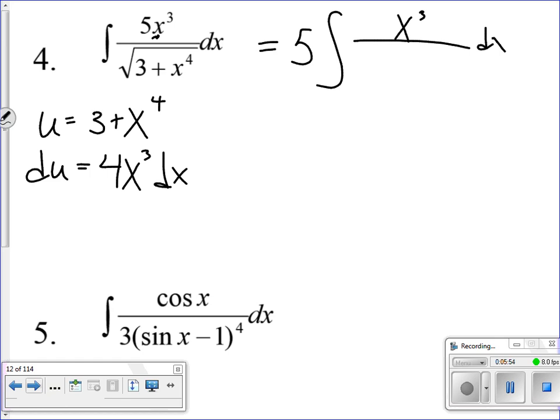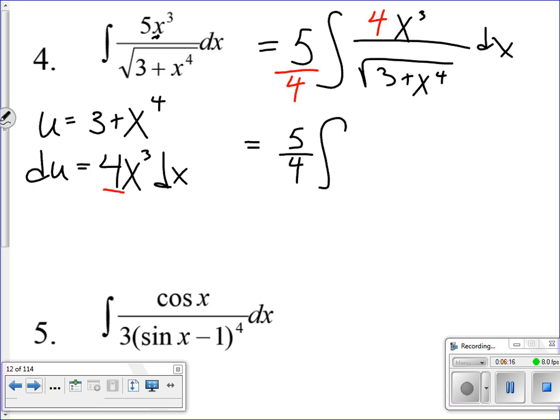If there's a constant multiplier, pull it out right away. Then you want to put in any missing factors of du, and this time we're missing a 4. So we can put a 4 in and divide by 4 on the outside. Now you rewrite in terms of u and du, so you should still have the integral sign, and it's du over the square root of u.